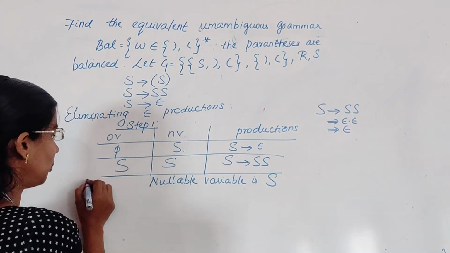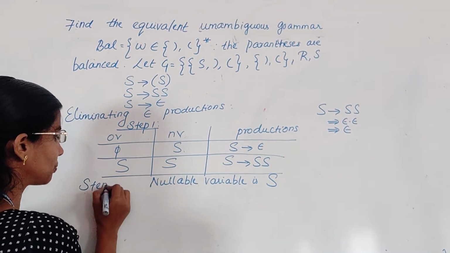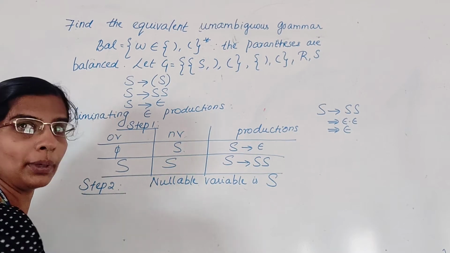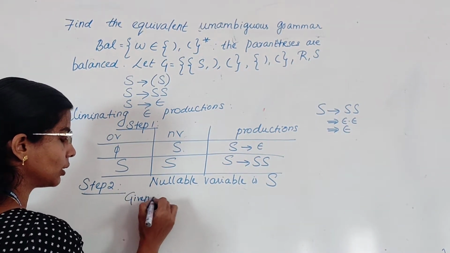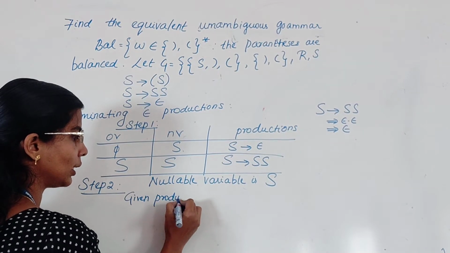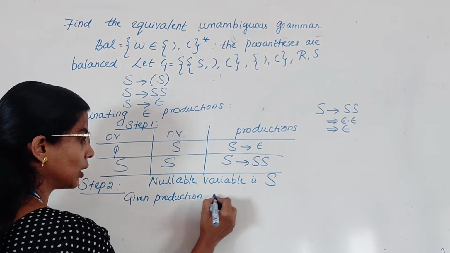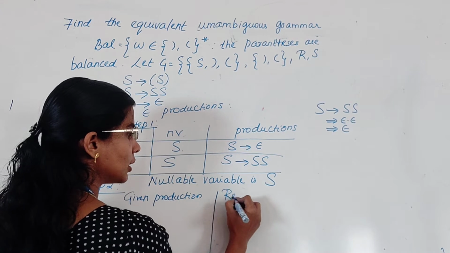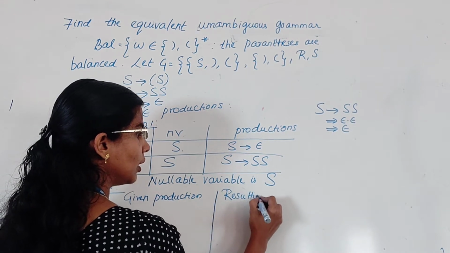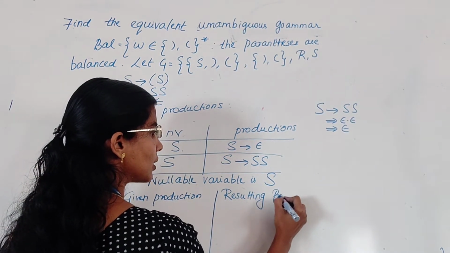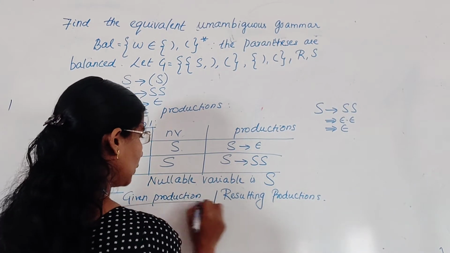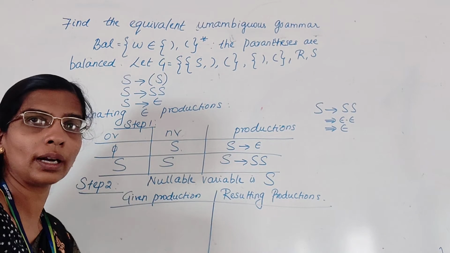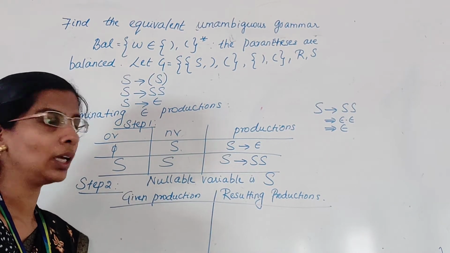And coming to step 2 of eliminating epsilon production, you have to write the given productions and the resulting productions. In given productions, write all the productions given in the question.